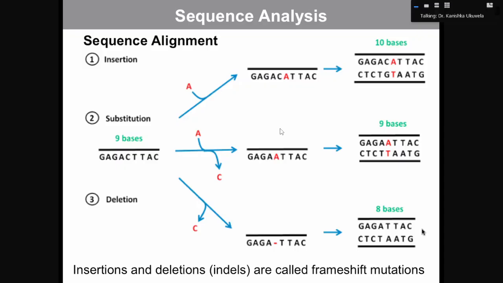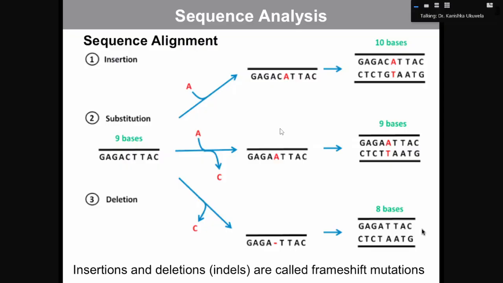So substitutions are quite okay in the process of evolution because they change only a nucleotide, replacing one with another. But if these changes happen in a protein coding gene, it can be effective, especially if it happens in the first or the second nucleotide in the codon. Substitutions can affect the amino acid sequence. But just imagine if an insertion happens in the middle of a protein coding gene.